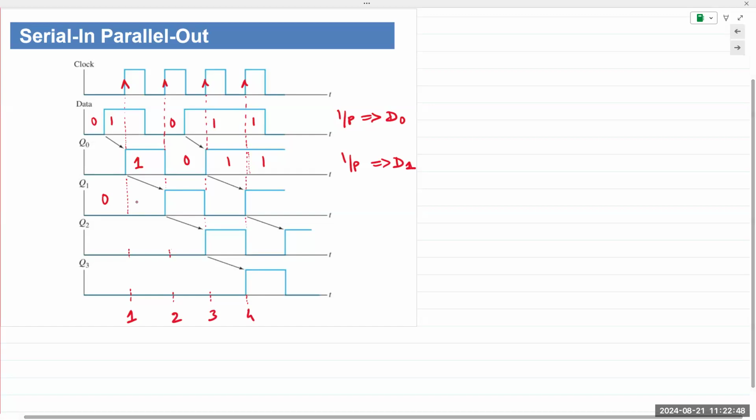Q1 doesn't change because Q0 remains at 0. Now, when the next positive edge arrives, it goes to 1.